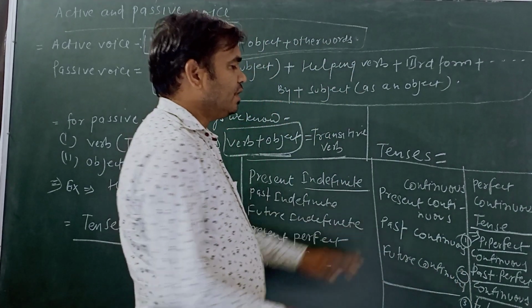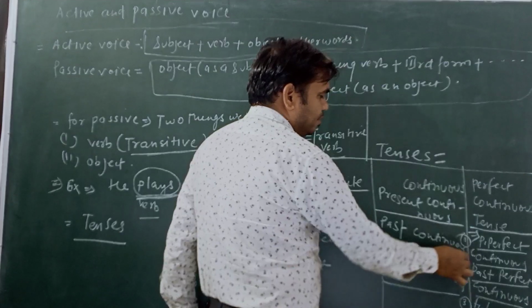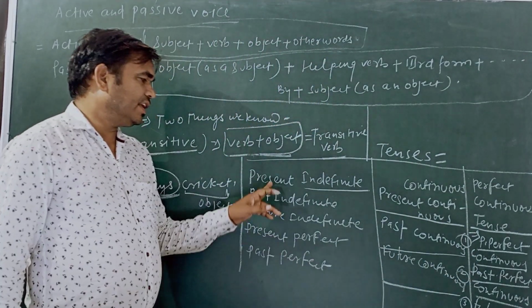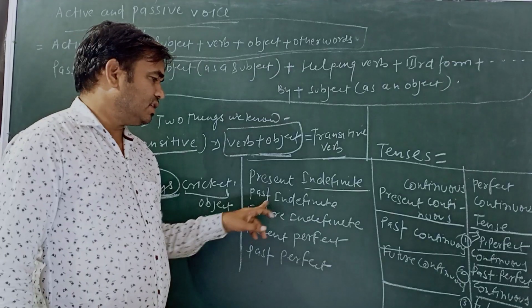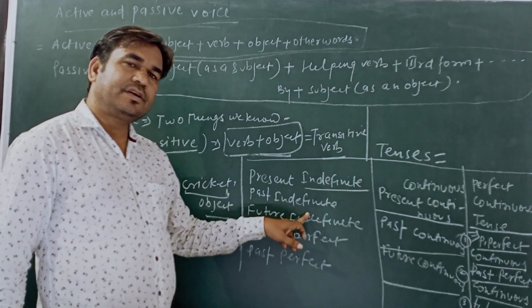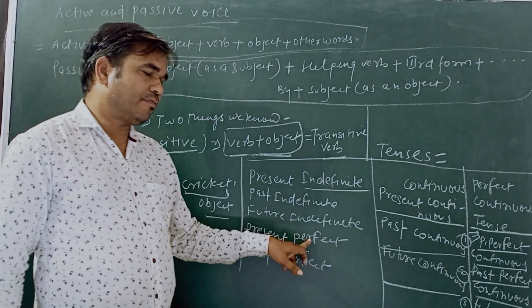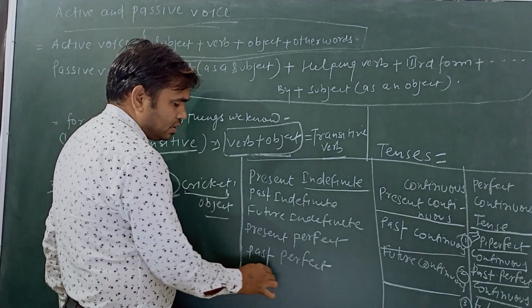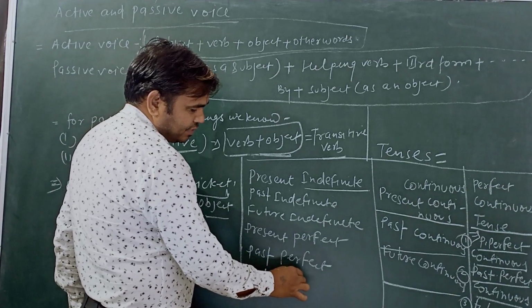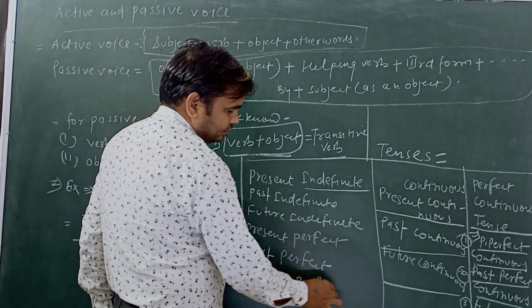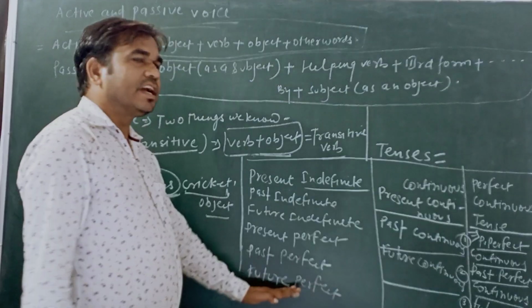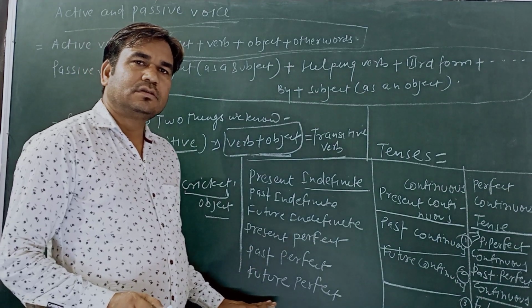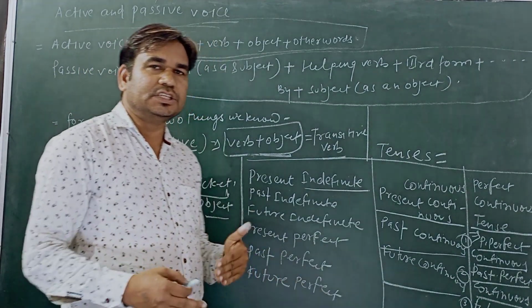And here you see present indefinite, past indefinite, future indefinite. And here present perfect, past perfect, and we also take future perfect. So here we categorize all the tenses into three parts according to your easiness.